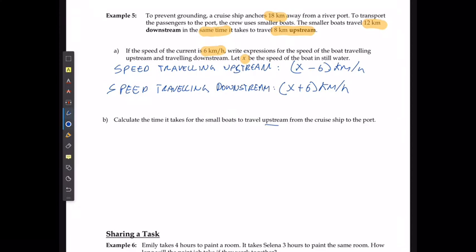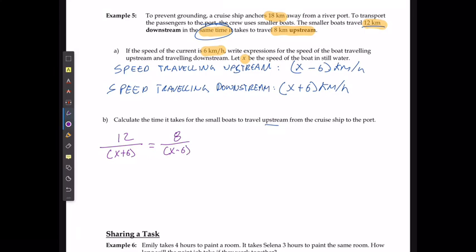Well, if I know that the amount of time is going to be consistent in both cases, then I can say that the time for one, where it says a small boat travels 12 kilometers downstream, I can write that as 12 over the speed, so the distance over the speed, x plus 6, is equal to the amount of time it takes to travel upstream, which is going to be 8 over x minus 6.